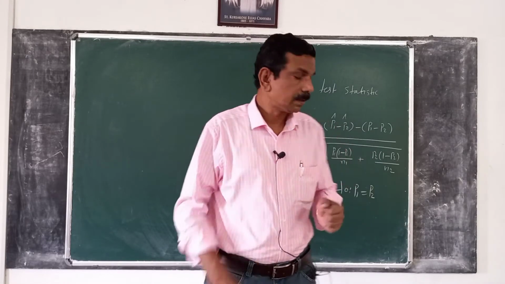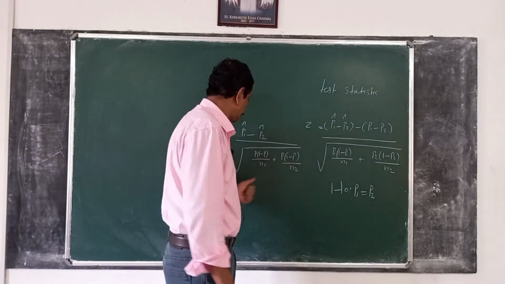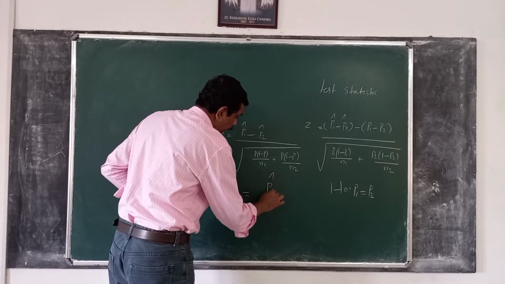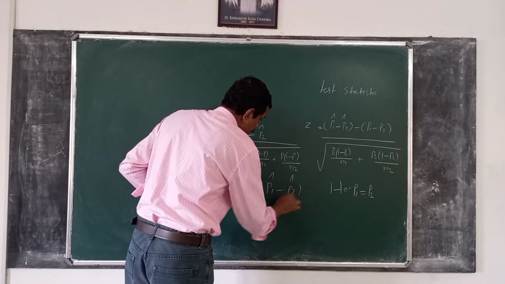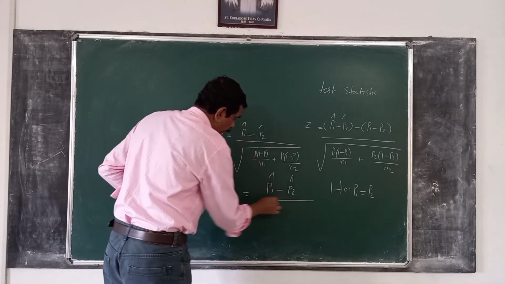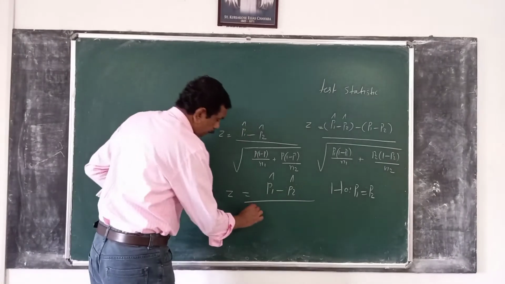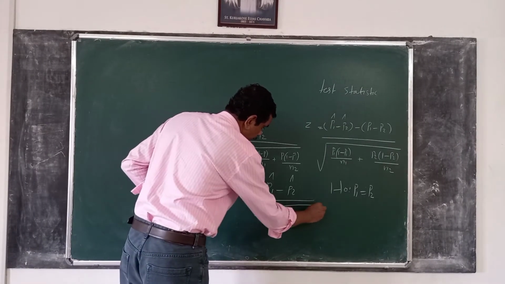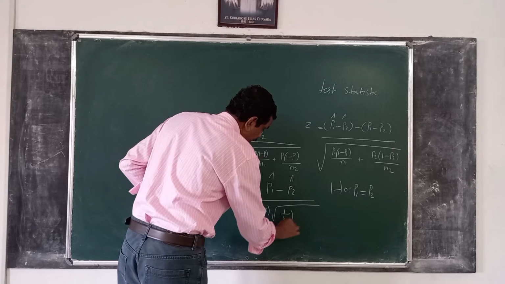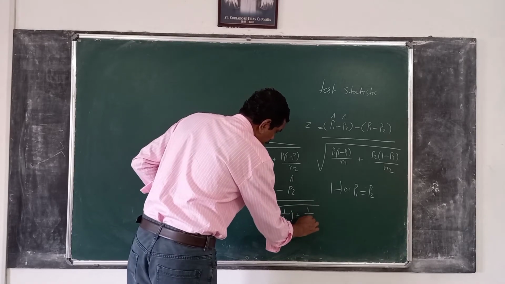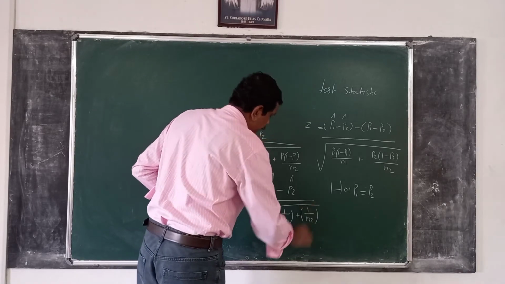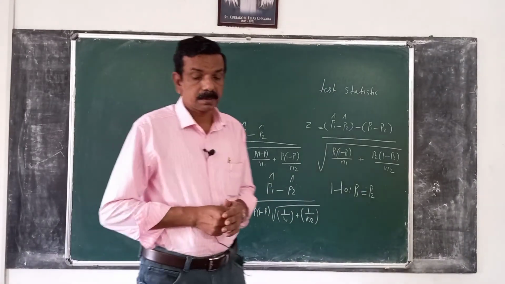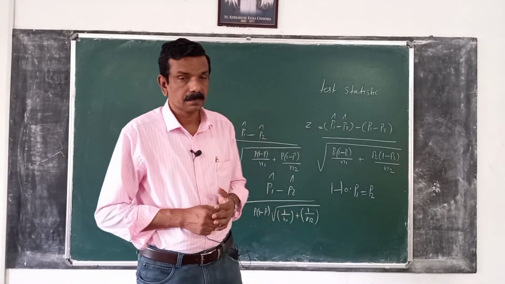Factoring out p into (1 minus p), this can be written as p hat 1 minus p hat 2 divided by the root of p into (1 minus p) into (1 by n1 plus 1 by n2). So this serves as the test statistic.